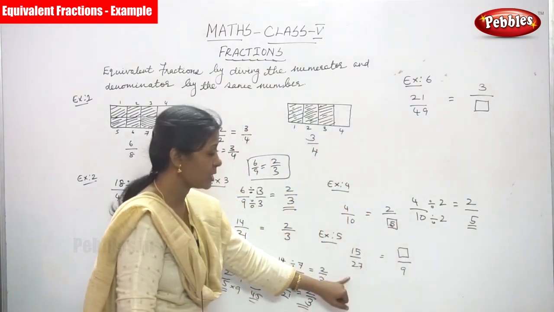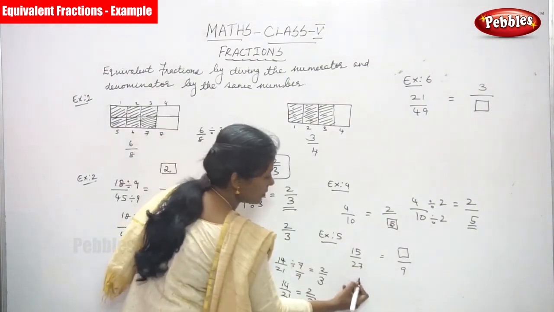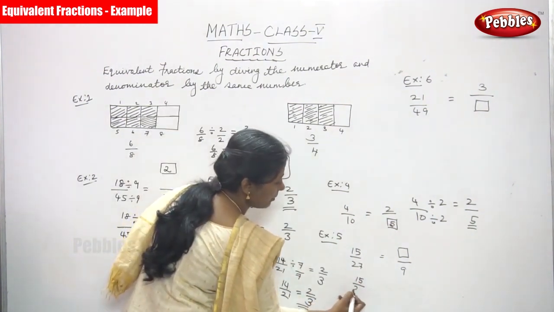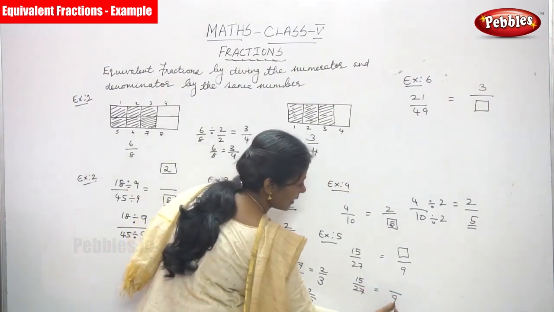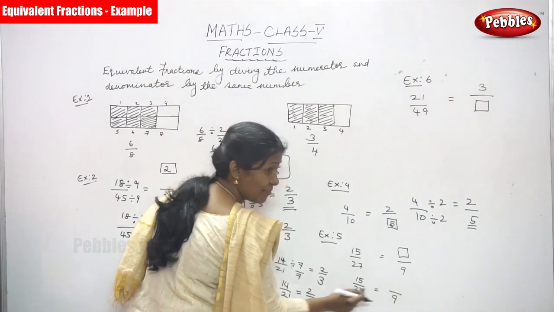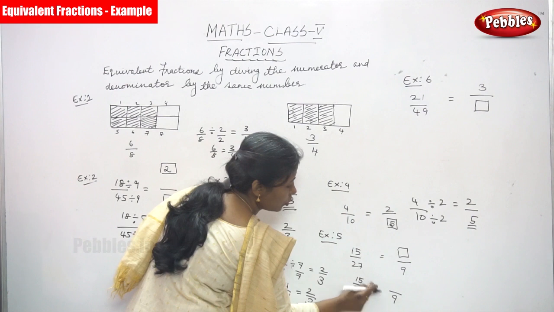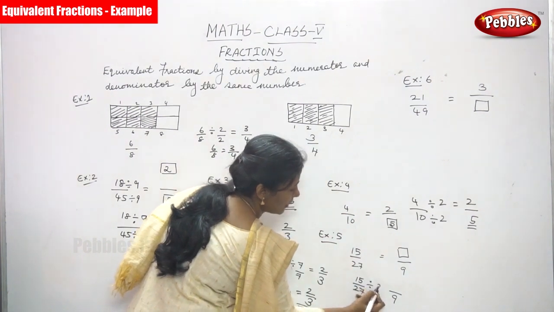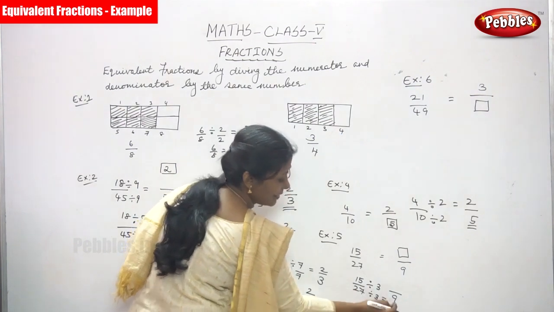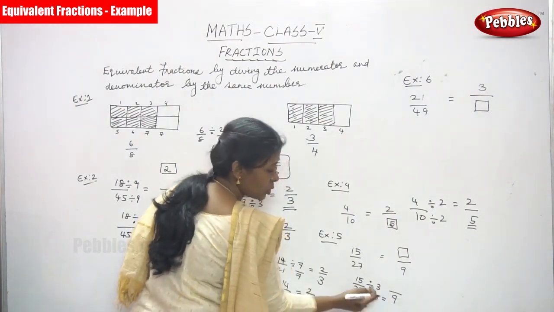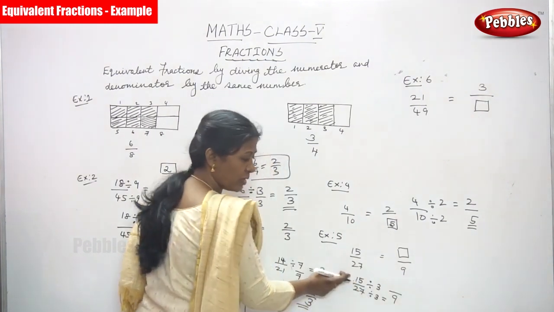Next, example 5, 15 by 27. 15 by 27 is given. So in this place the answer is 9. So 27 is divided by 9, you can get what? 3. So I am going to divide 15 by 3 and 27 by 3. So if the denominator is divided by 3, the numerator is also divided by 3.